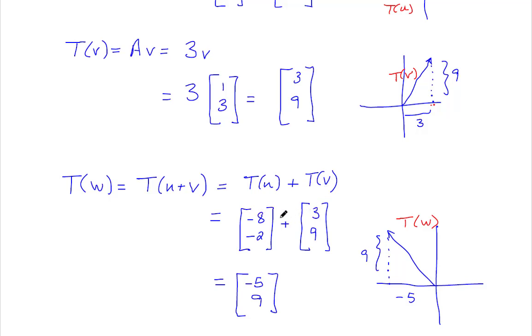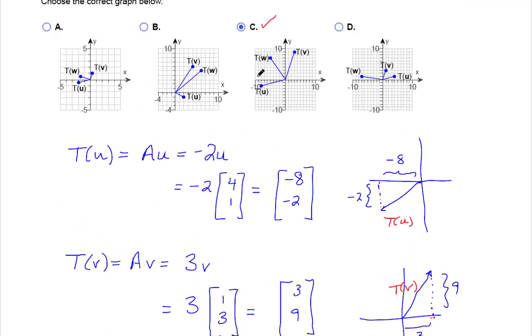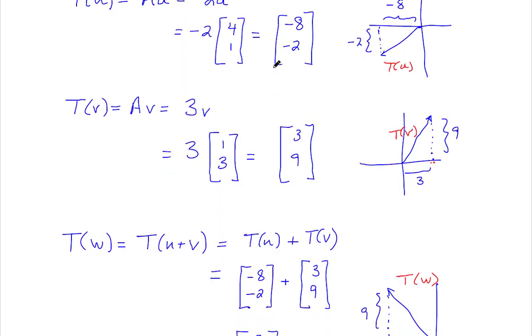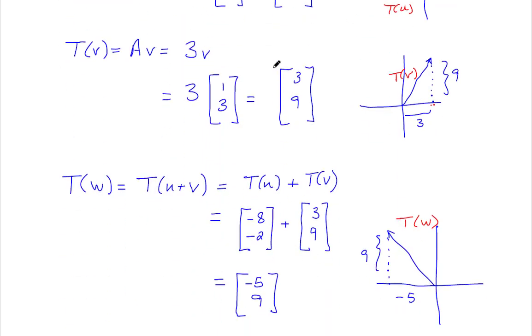I can add up the two vectors and I get (-5, 9) for T of w. And that matches the last little piece here for our picture of T of u, T of v, and T of w. And that concludes section 5.1 on eigenvectors and eigenvalues.